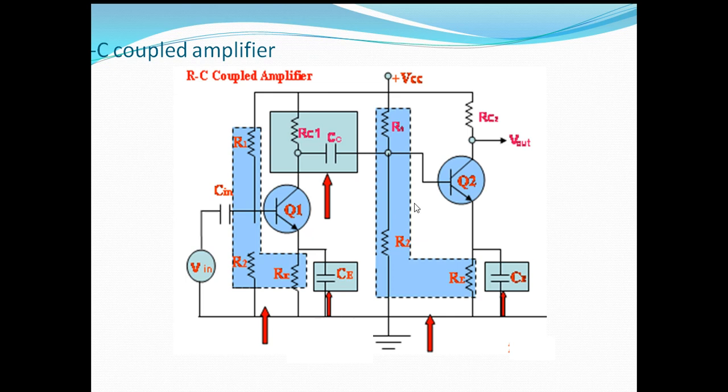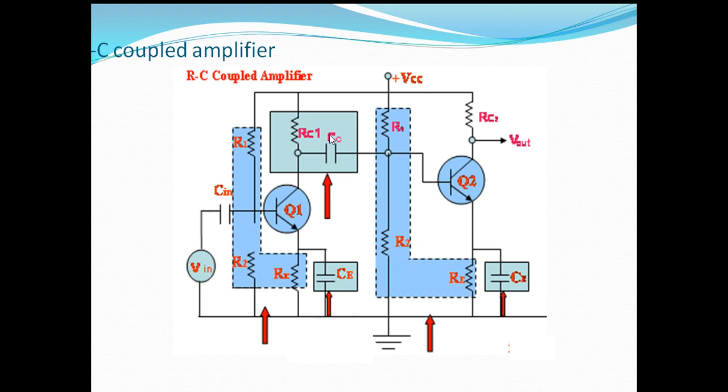Both are of similar, identical configuration. In the first stage, we are taking the output at the collector, therefore it is a common emitter. In the second stage also, the output is taken at the collector, therefore it is also a common emitter. The output of the first stage CE is connected to the input of the second stage CE.